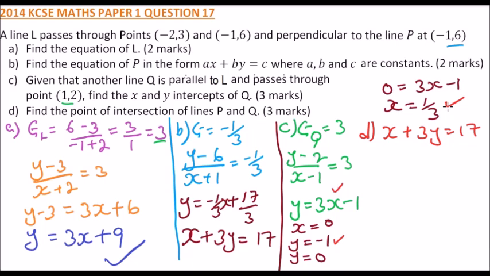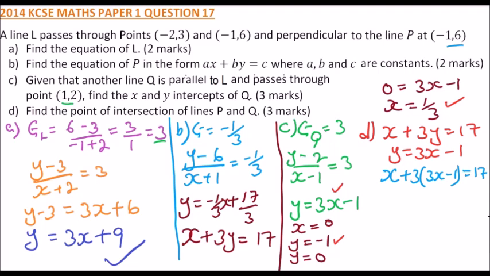It is y = 3x − 1. Since at the point of intersection the values of x and y are equal, we can now substitute our y in the first one. That is, we write x + 3 instead of y, we write now 3x − 1 = 17.